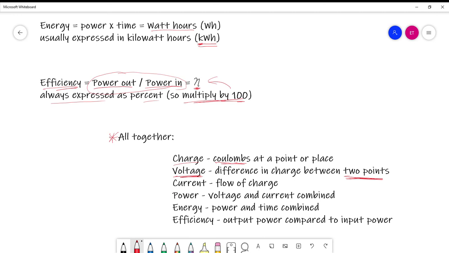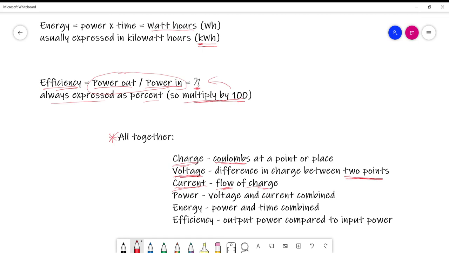And current, that's the flow. It's the flow of the charge. So you can see how we're building this list up. We're defining charge. Voltage is a difference in charge between 2 points. Current is the flow of charge that's happening.